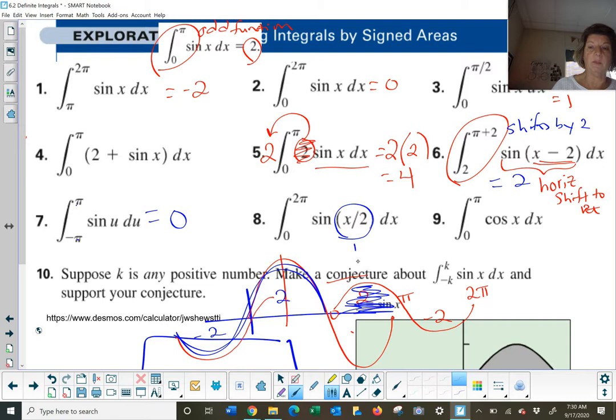B would be equal to 1/2. And you took the period of sine and divided it by b. So now I'm stretching this out to 4 pi. So it takes it twice as long to complete one cycle. So 4 pi, it stretches it out by doubling it. We will get 2 times 2. We'll get 4 units there.